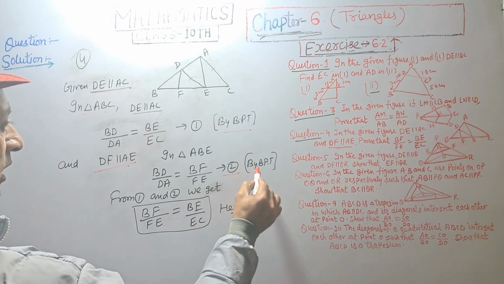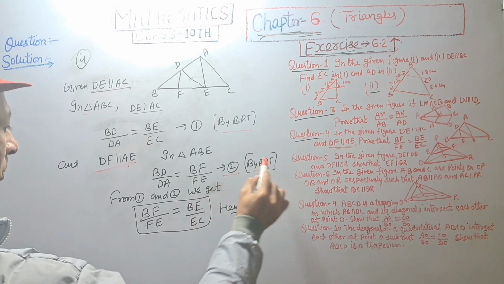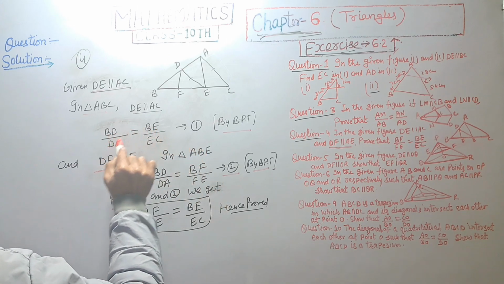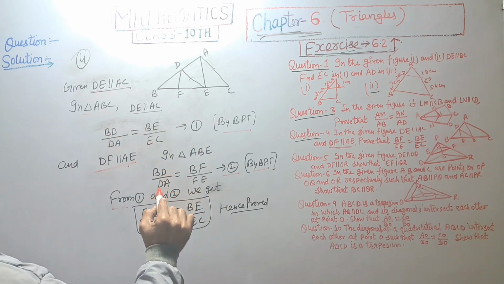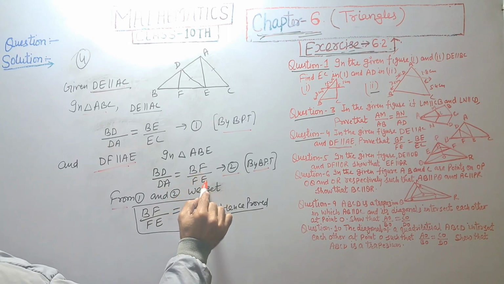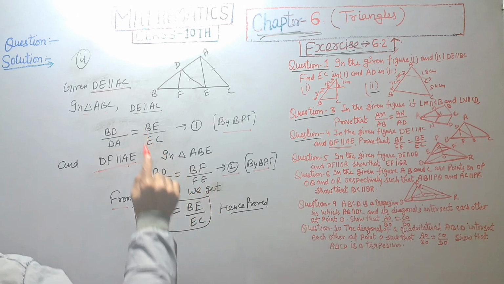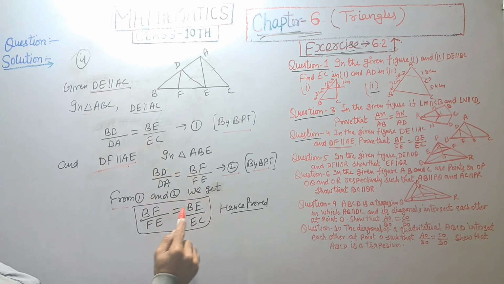It's equation number 2 by basic proportionality theorem BPT. From equation first and second, first equal to second, we get BF upon FE is equal to BE upon EC.